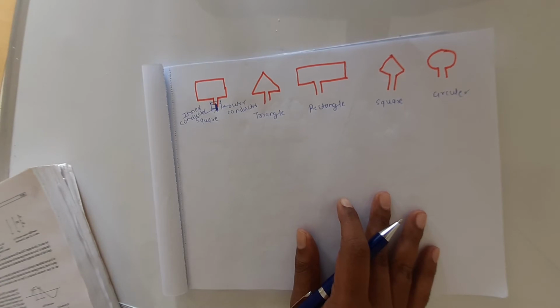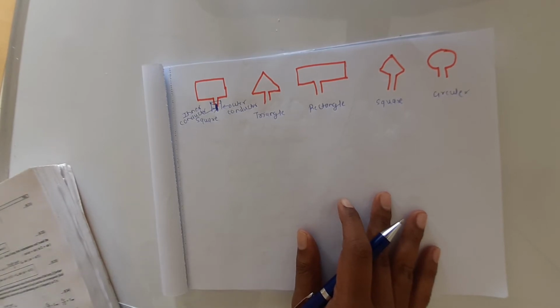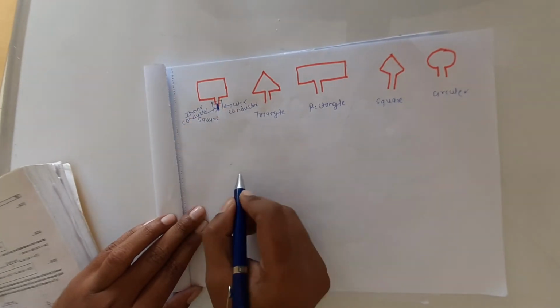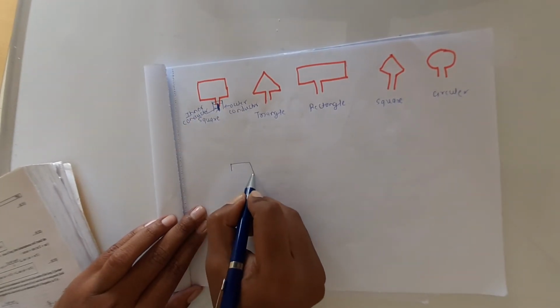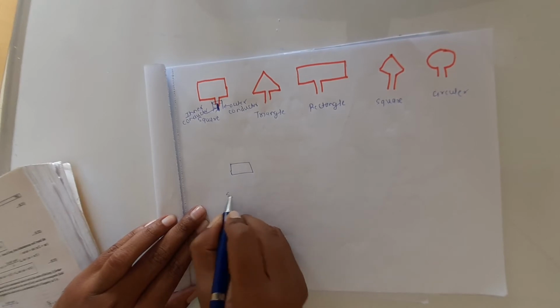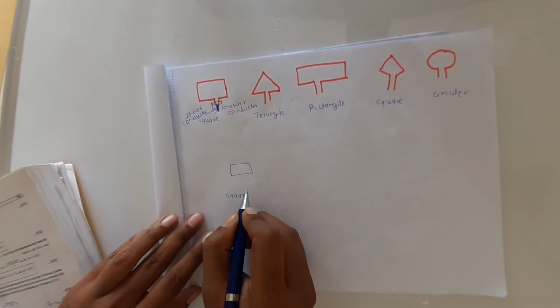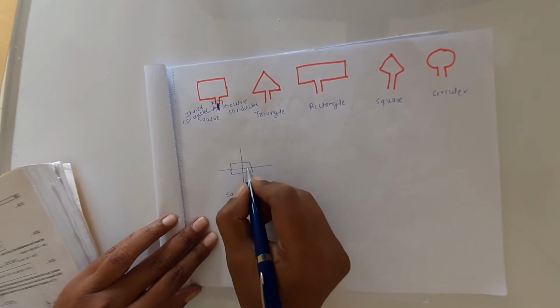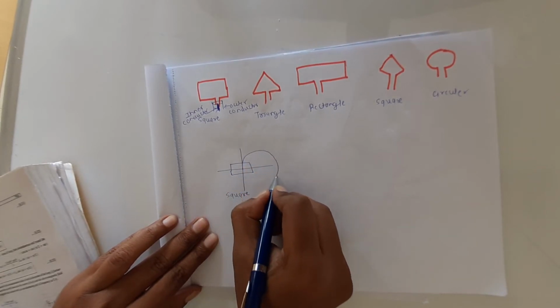Afterwards we will see the radiation pattern of loop antenna. Here firstly I will go for the square type. This is a square type, and this is the axis. So the radiation pattern will look like this.